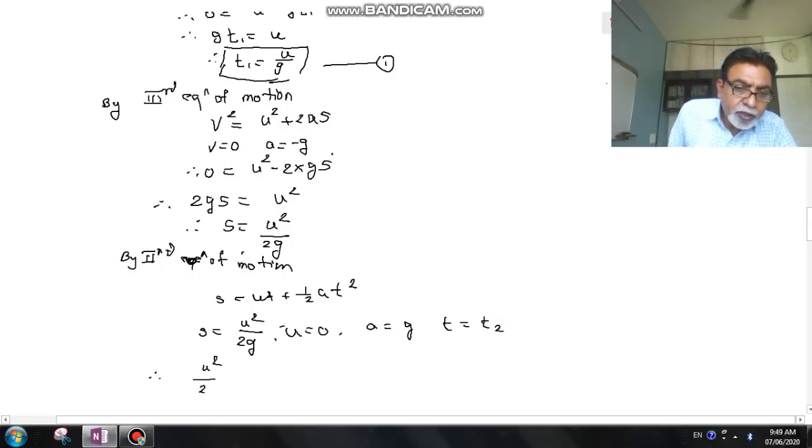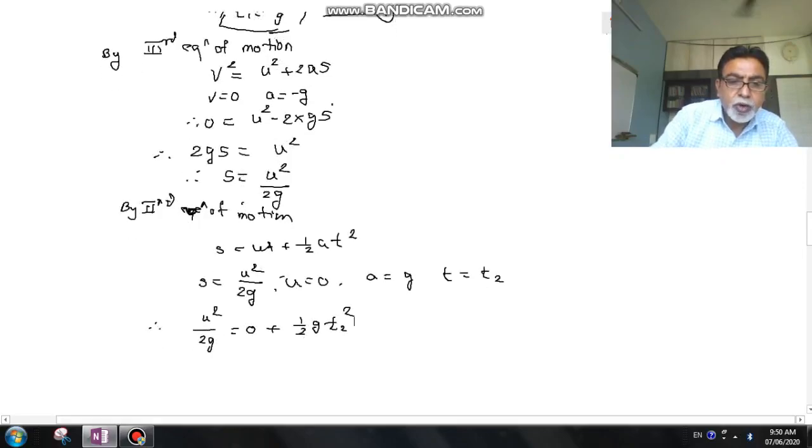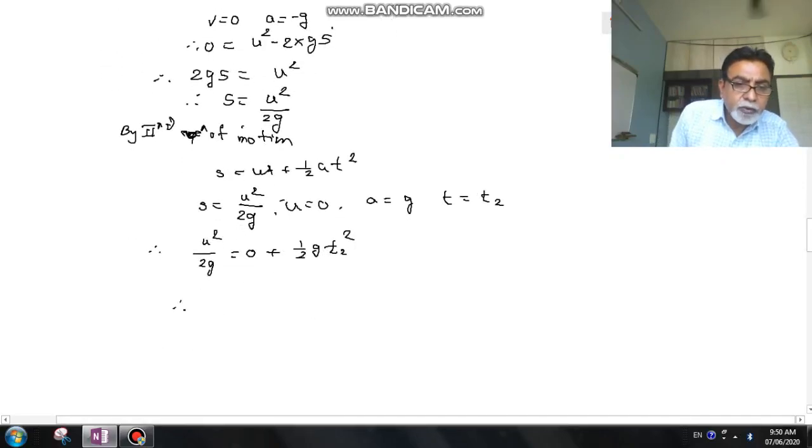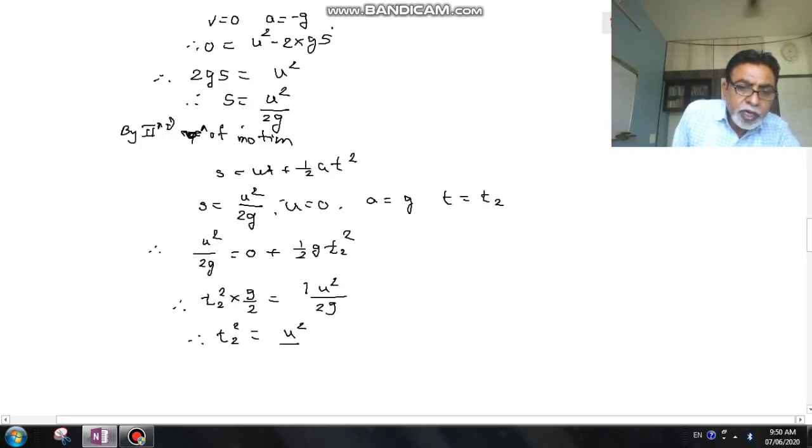And so we get u square upon 2g is equal to 0 plus 1/2 into g into t2 square. From this we get t2 square is equal to u square upon 2g into 2 upon g.